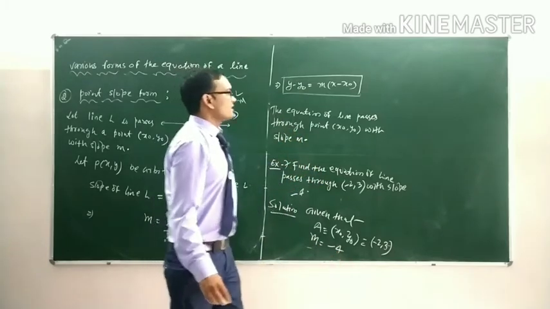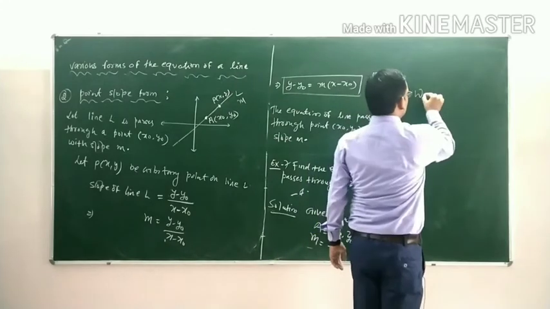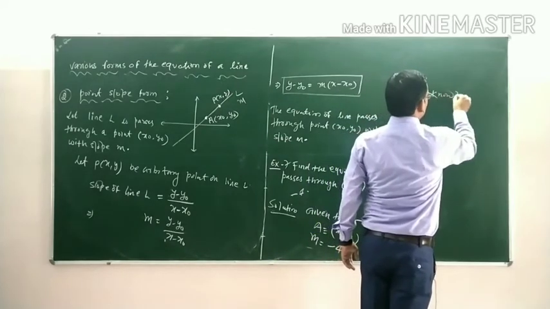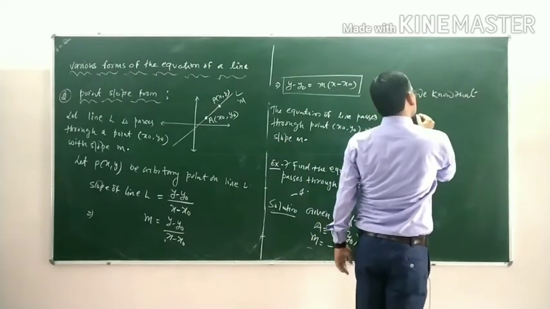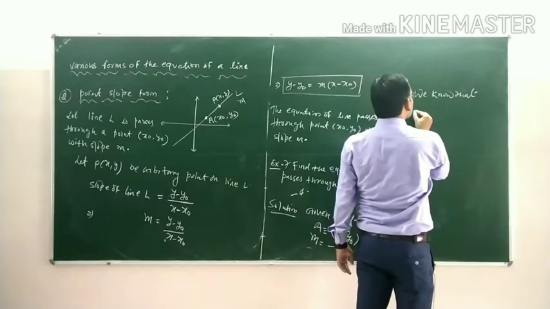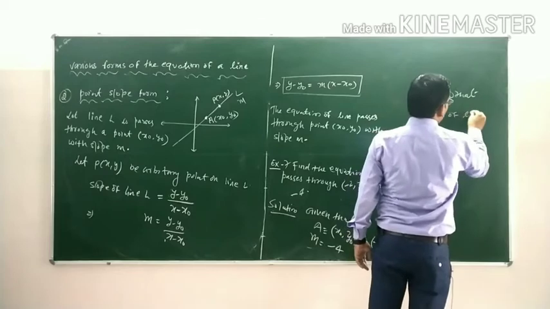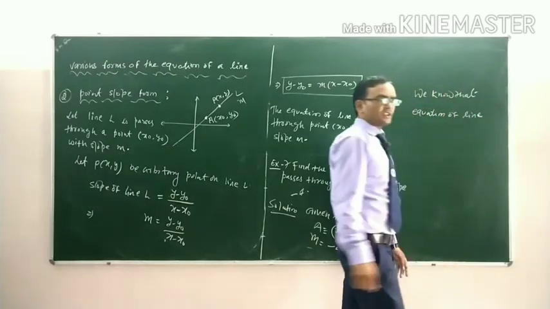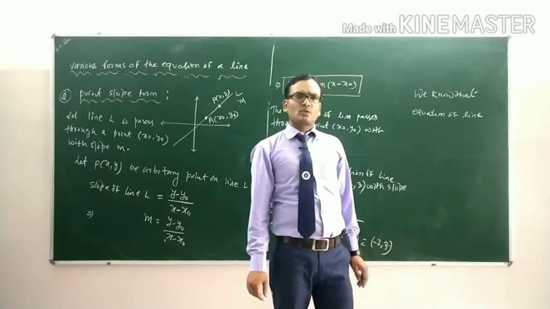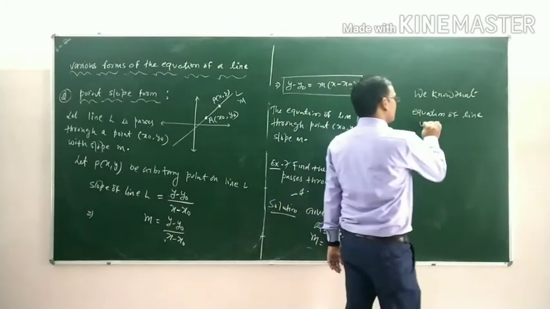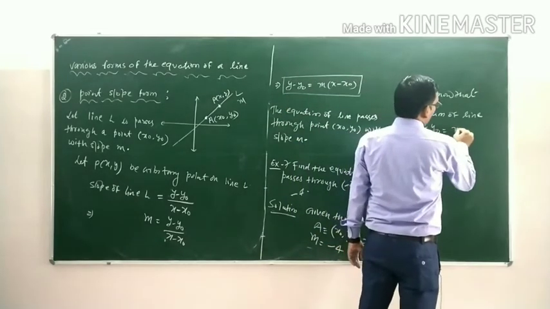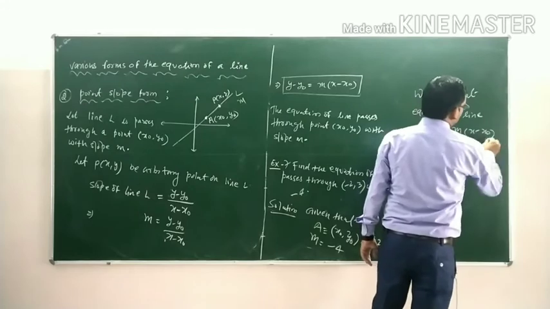We know that the equation of a line passing through a point with slope m is y minus y0 equal to m into x minus x0.